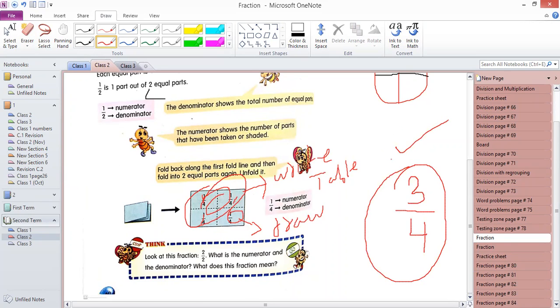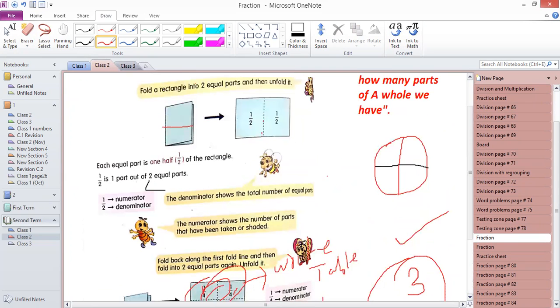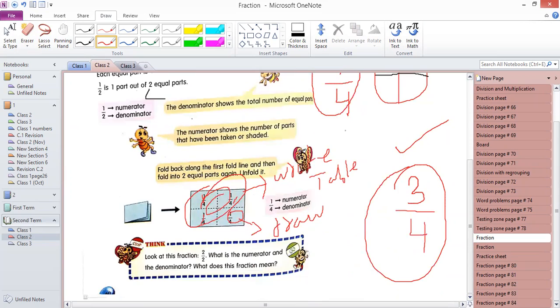And if I ask you what will be the fraction for drawing, you will say out of 4 parts, you allowed me to draw in 1 part of the paper. So 1/4 will be the fraction for drawing in the paper. So guys, is the concept of fraction clear to you?